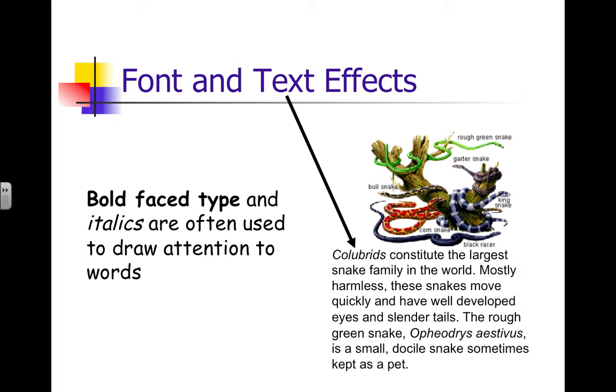When they transfer that into their own writing, they can use those features as well to emphasize things. I see this a lot on a blog post. A blog author will highlight words or underline them or italicize them to emphasize them.